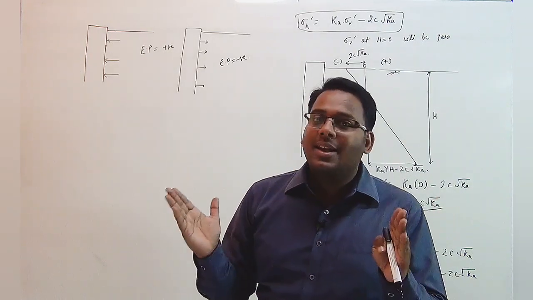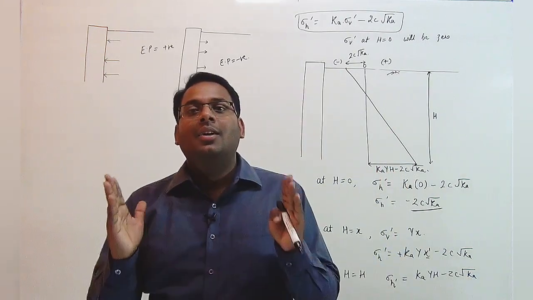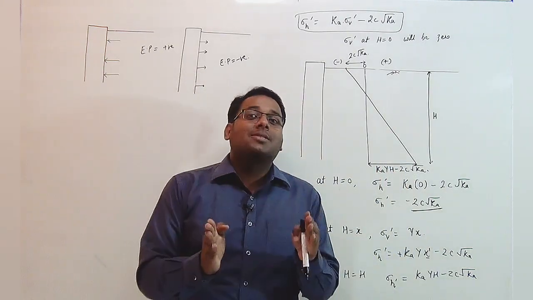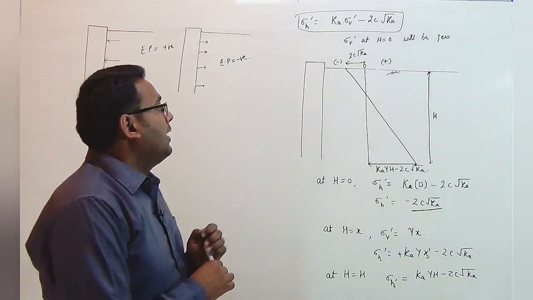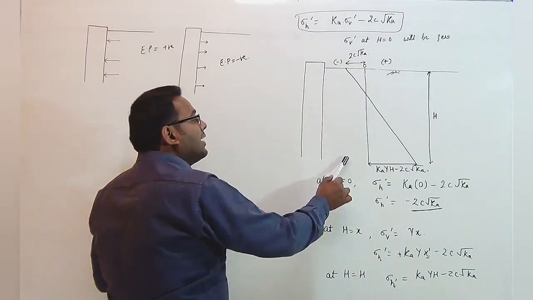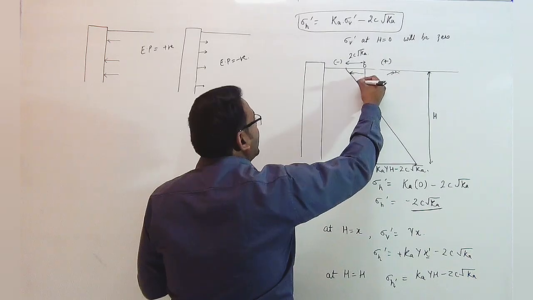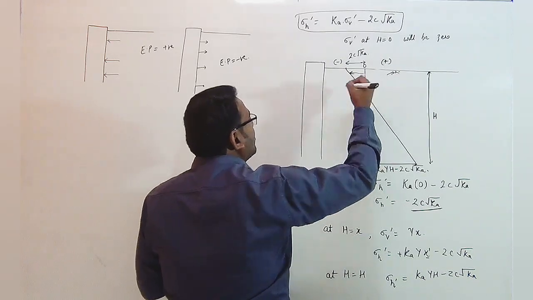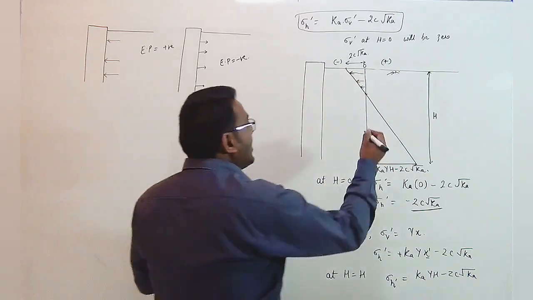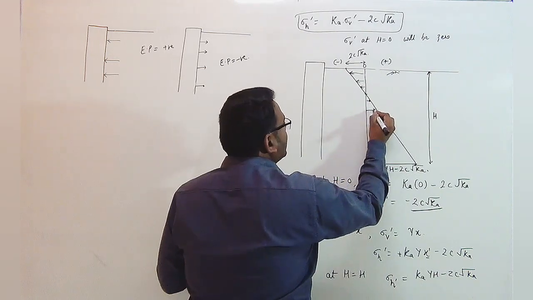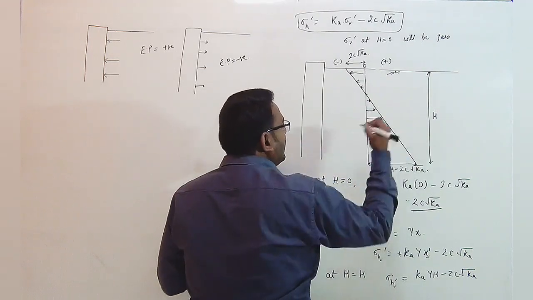But is this correct for all depths? No, because according to this diagram, we can see that the pressure is negative only up to some particular depth. After that, the pressure is positive. Fine.